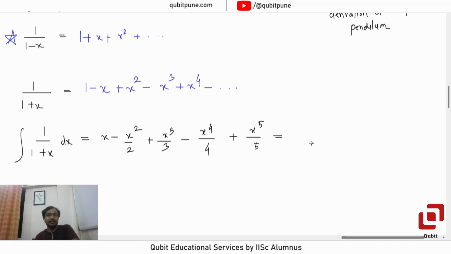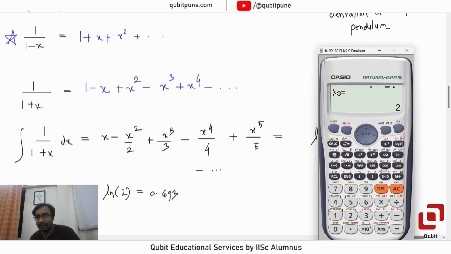And this will actually serve as the power series expansion for log of 1 plus x. Let's go to log 2. We need to check whether the convergence is there; ln 2 is approximately 0.693. Now let's calculate that using this.